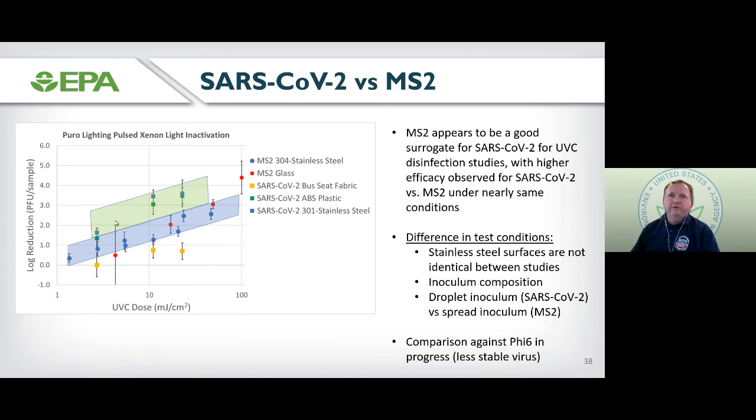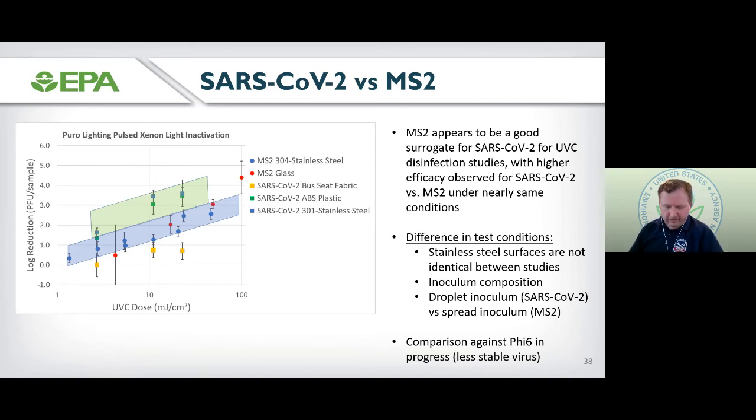And generally speaking, we see that indeed MS2 is a little bit more difficult to inactivate, which makes it a suitable surrogate for this type of research with UVC lights. We should still point out that there are small differences between these two data sets. The stainless steel surfaces are not exactly identical.